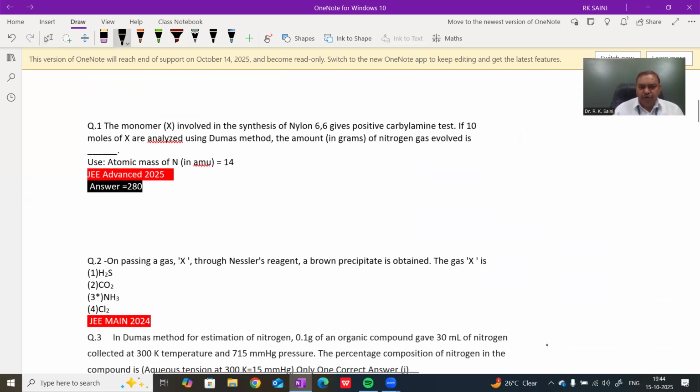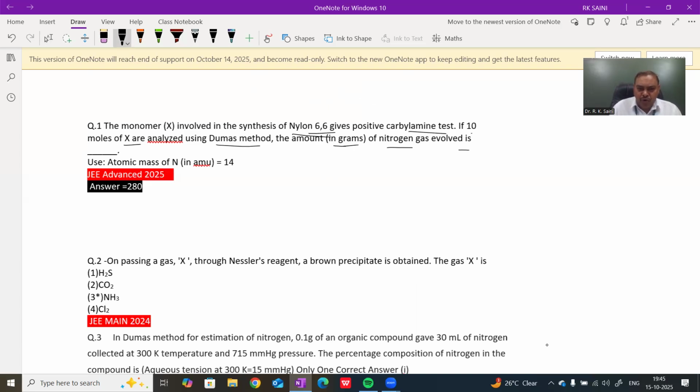Monomer X involved in the synthesis of nylon 6,6 gives a positive carbylamine test. It means a primary amine is present in this compound. The carbylamine test is an important test of primary amine: KOH and chloroform give an offensive smell. If 10 moles of this X are analyzed using the Duma method, then the amount in gram of nitrogen gas evolved is?